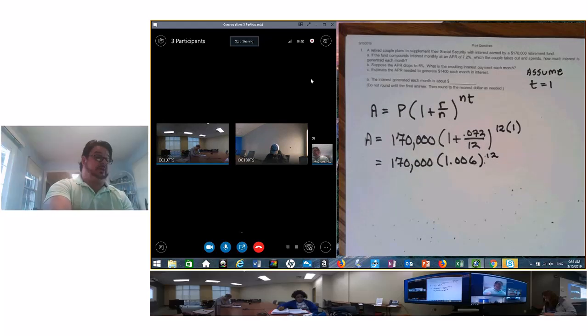I've got to turn my phone sideways. All right, so I'm going to raise that to the 12th power, close parentheses, equals. I got 1.07.